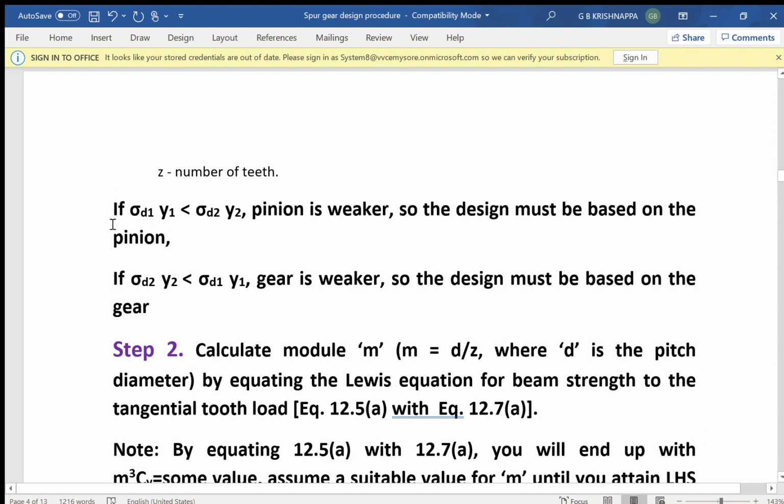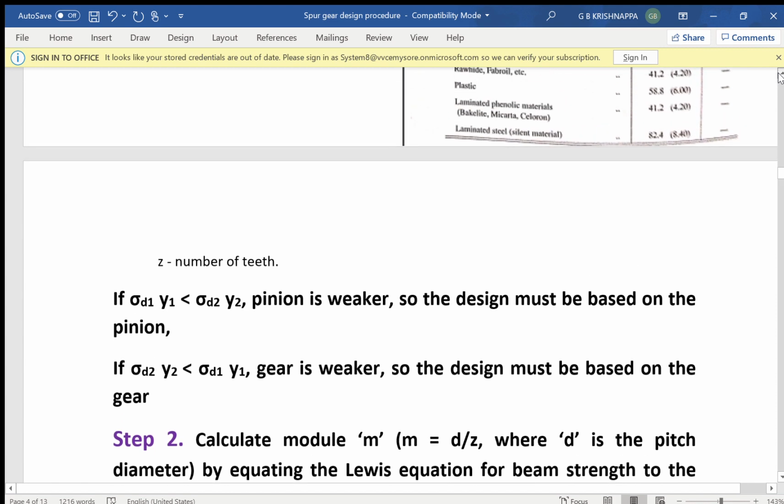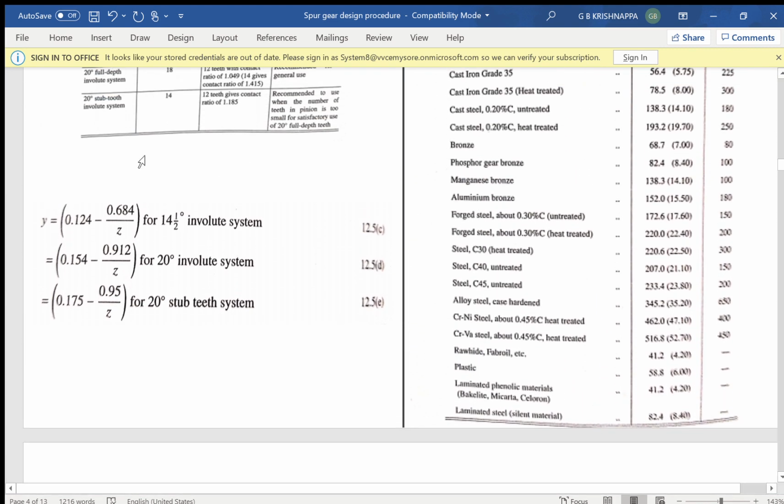Sigma d1 y1: sigma d is nothing but allowable static stress, and y is the Lewis form factor. So Lewis form factor can be obtained from here by substituting Z1 for pinion and Z2 for gear.